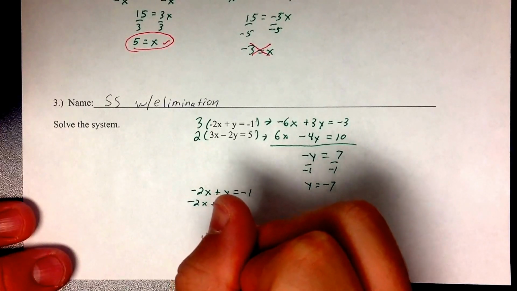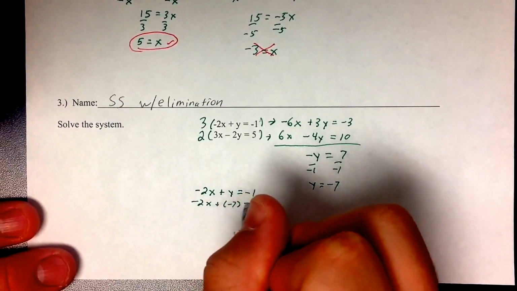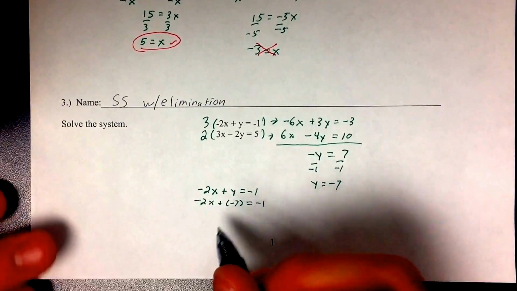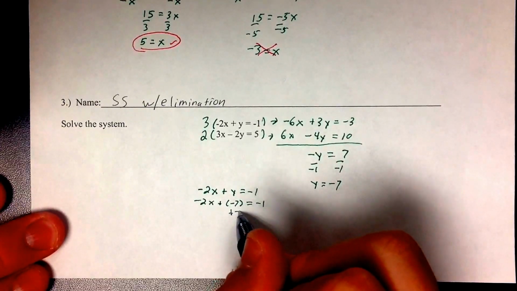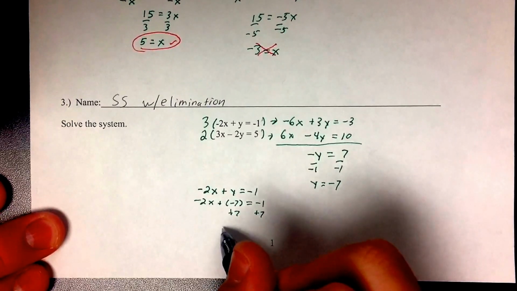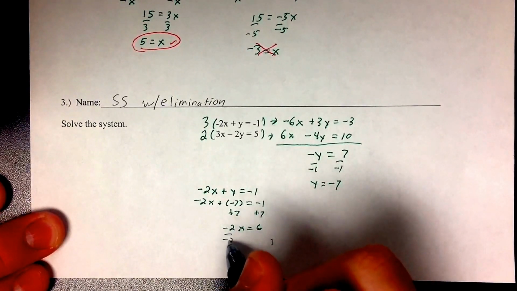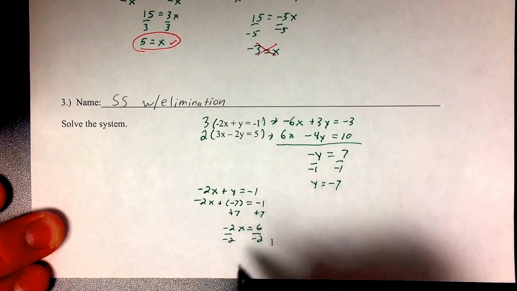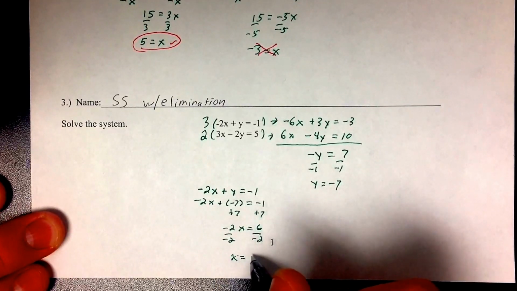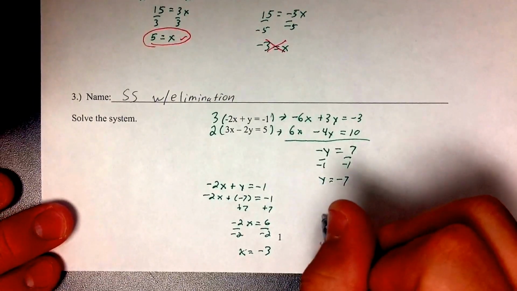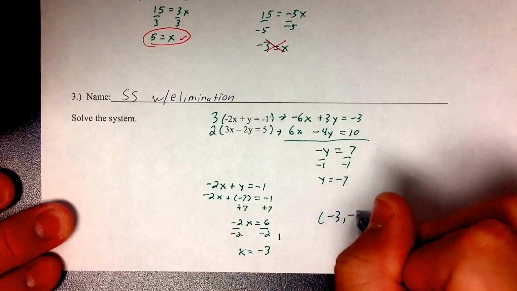So negative 2x plus negative 7 equals negative 1. And to get rid of the minus 7, I have to add 7 to both sides. So I get negative 2x equals 6. Divide by negative 2. x equals negative 3. Then again, write your answer as an ordered pair. So it'd be (negative 3, negative 7).